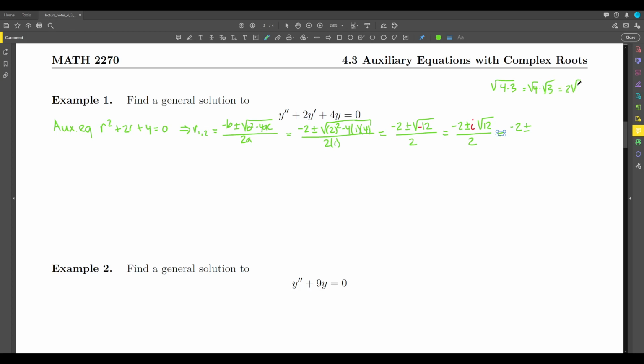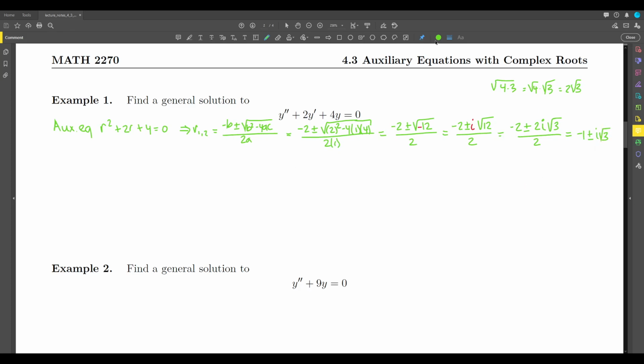So that simplifies to 2 square root of 3. So we have plus or minus 2i square root of 3, and then we divide that by 2. And now we see that the 2 can be divided into both of these terms. So the simplified answer here is negative 1 plus or minus i times square root of 3.